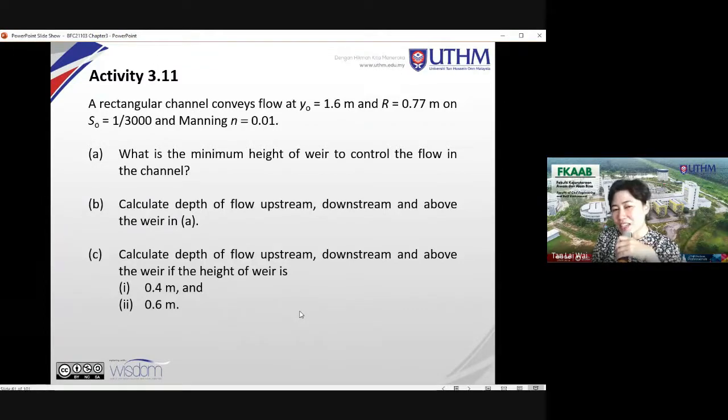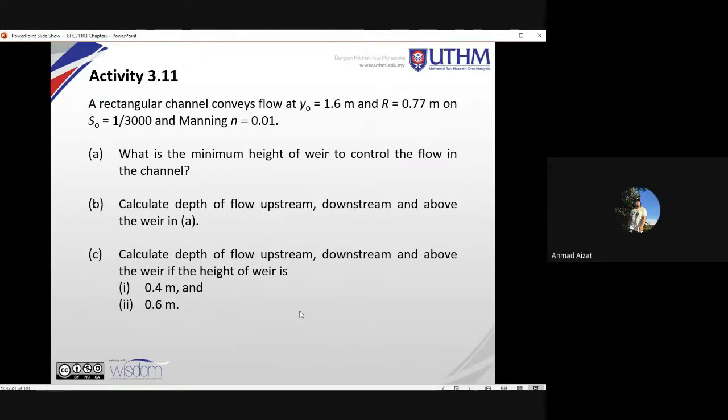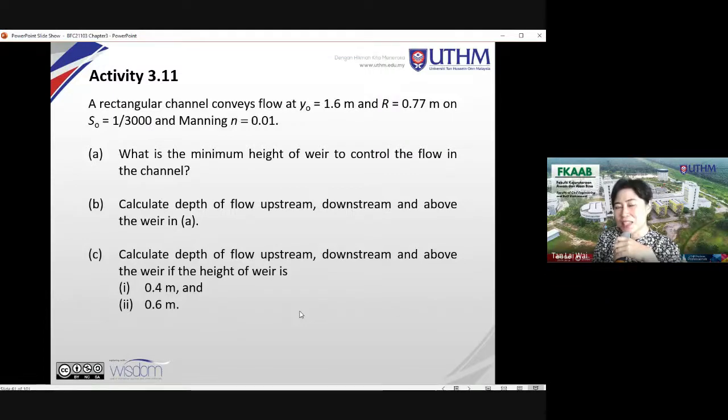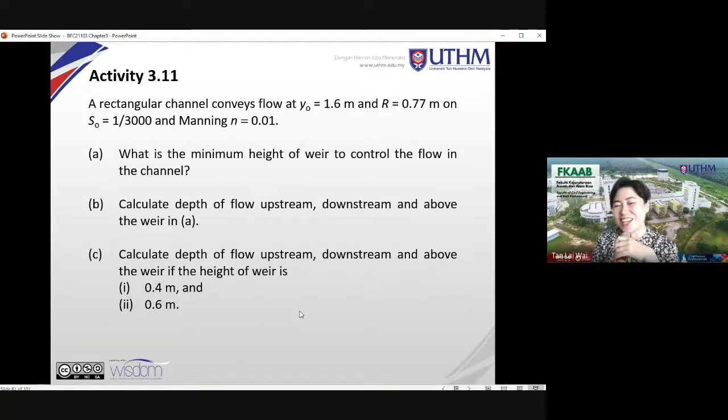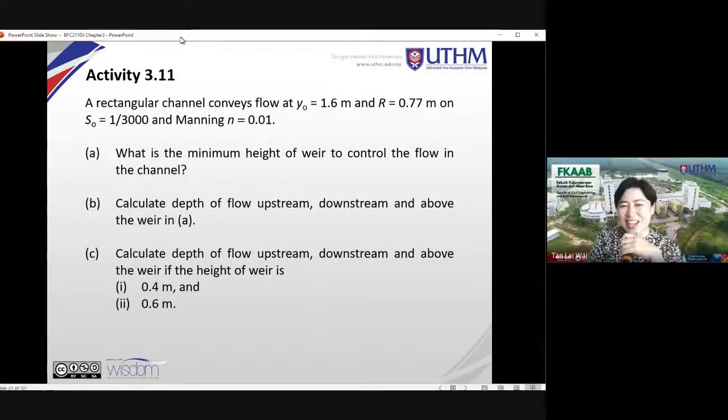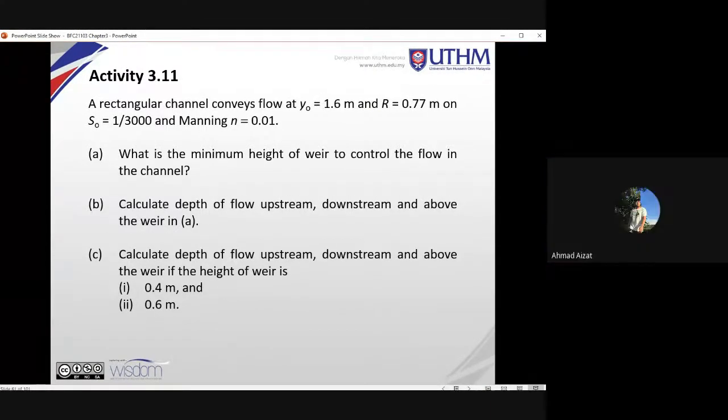Jadi soalan dia kita cari H-min kan, betul? Dia memang nak kita cari H-min. Jadi bila bahagian B dikata dapatkan ukur dalam aliran di hulu, hilir dan juga di atas empang dasar untuk A. Oh, A ialah untuk V A. H sama dengan H min, betul tak? Sebab tu kes 2. Oh, I see. Tak perasan in A tadi tu. Okay. Thank you.